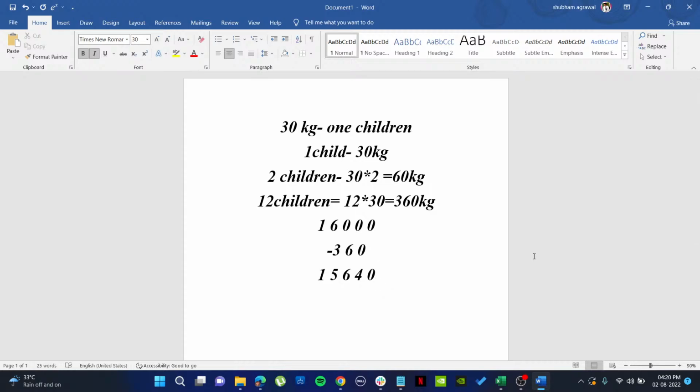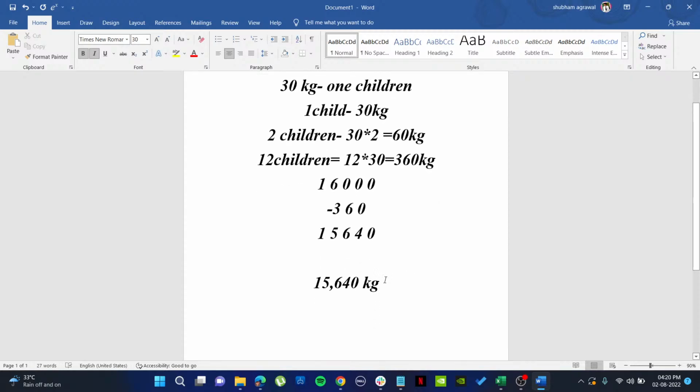But we should not be writing just 15,640. We should be writing our complete answer. And we should not forget to insert the comma as well while writing bigger numbers. So here our answer would be 15,640 kilogram. So this is our final answer.